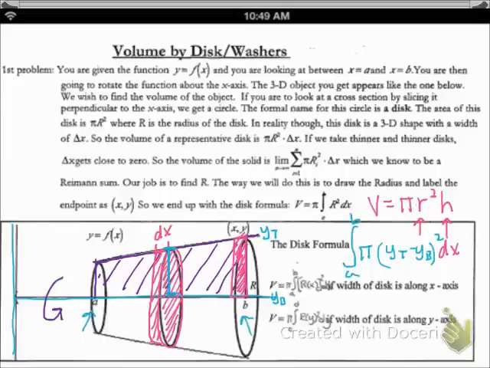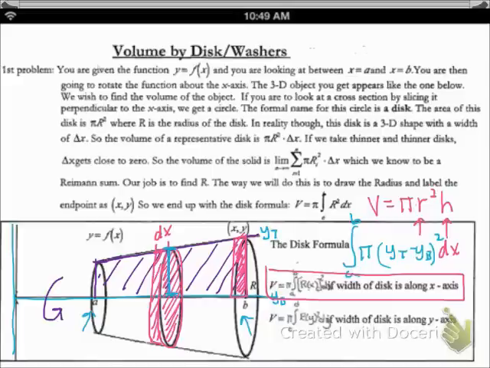Okay, and now if you look here in the middle of this page, we have this formula, which is kind of our generic setup for each of these figures whenever you're revolving about the x-axis. Okay, so it says that volume is equal to pi times the integral from a to b of our radius squared. So you just have to identify what the radius is. In this case, it was just y top minus y bottom, times dx.